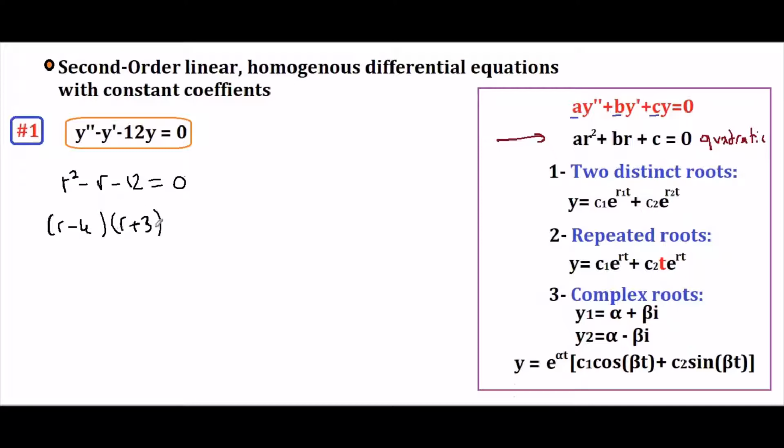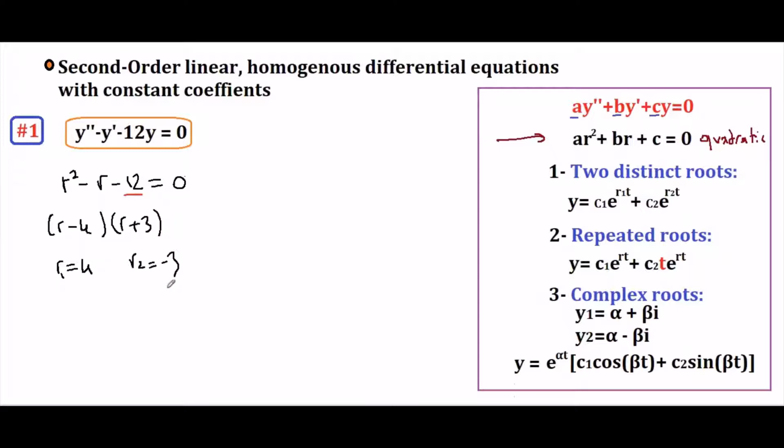We pick two numbers that multiply to the c term and add up to the b term, one of the techniques being trinomial factorization. You can even go for the quadratic formula. Here r1 is equal to 4 and r2 is equal to -3.